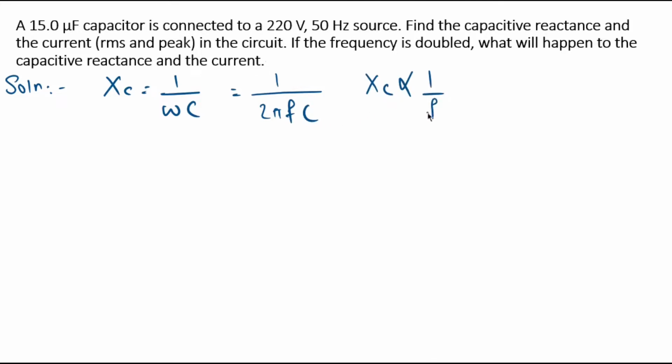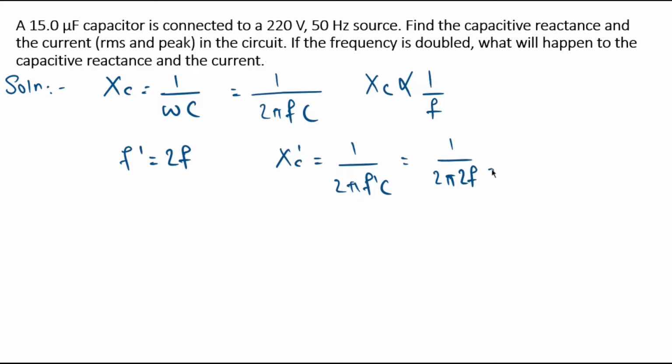inversely proportional to frequency. So keeping that in mind, if frequency is doubled, let the new frequency f dash be equal to twice the old frequency, and let the new capacitive reactance Xc dash be equal to 1 upon 2 pi f dash c, which can be written as 1 upon 2 pi 2f into c.